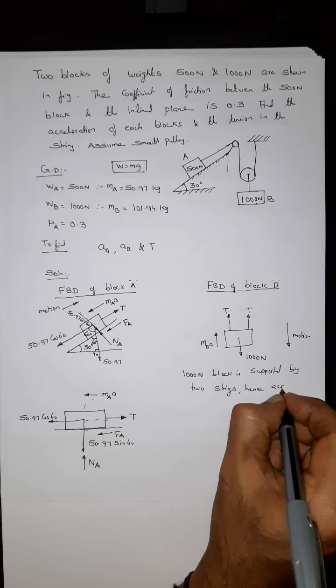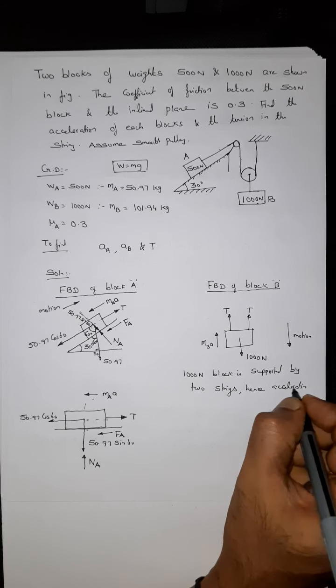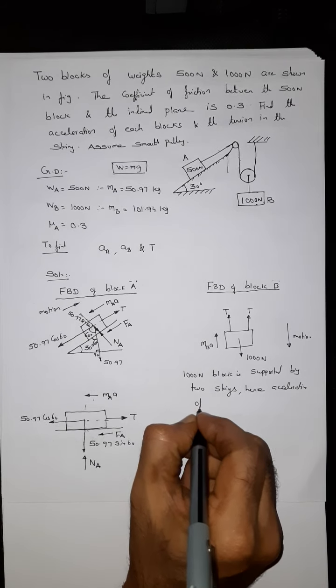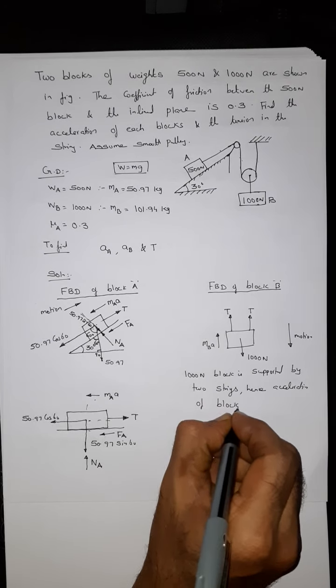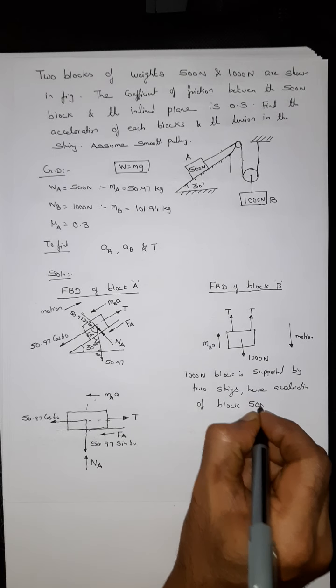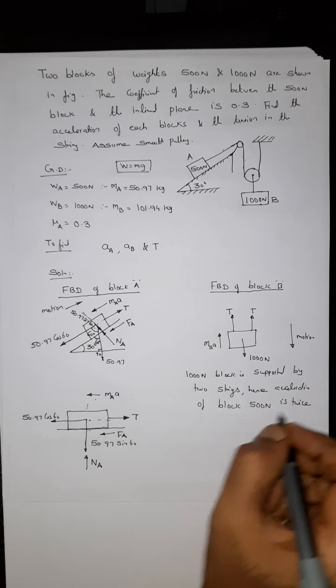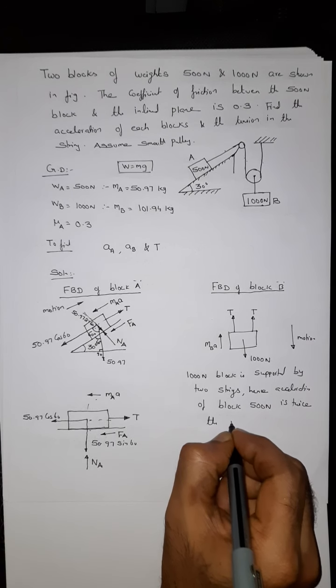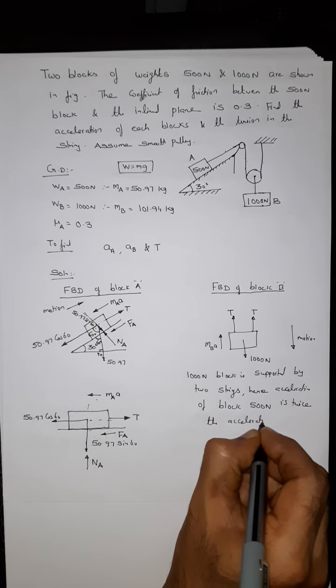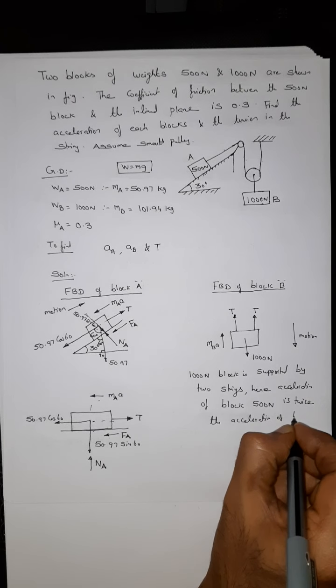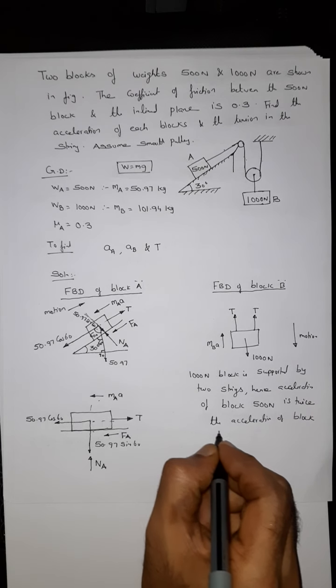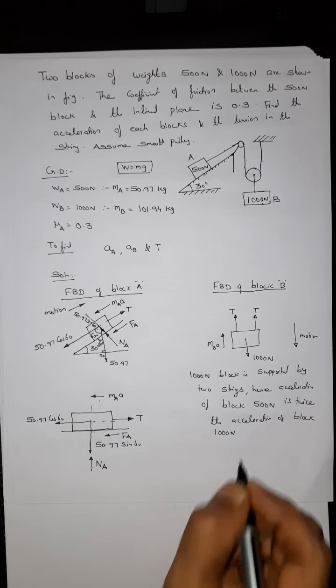Hence, the acceleration of block 500 Newton is twice the acceleration of block 1000 Newton.